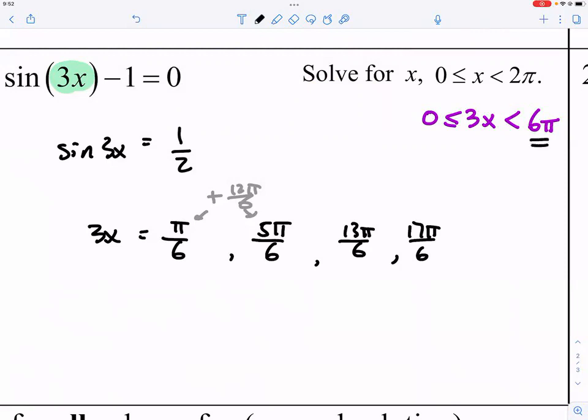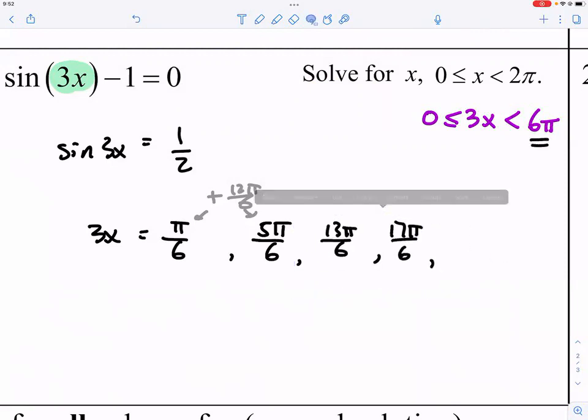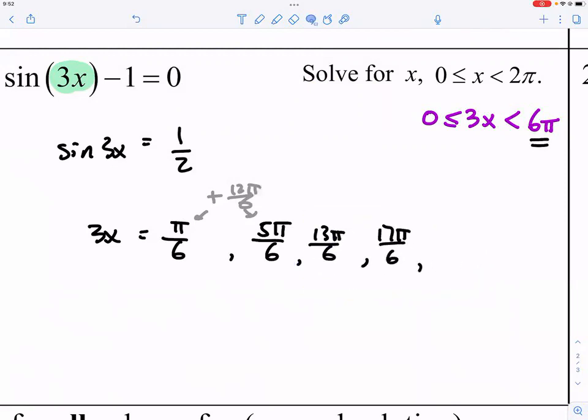But then we have to go all the way to 6 pi. That means we will have to add another 12 pi over 6, which gives us 25 pi over 6, and then 29 pi over 6.